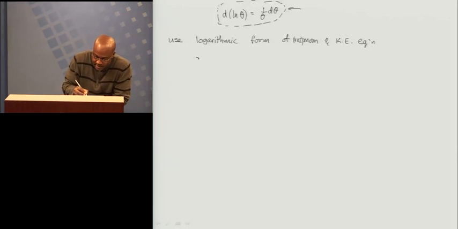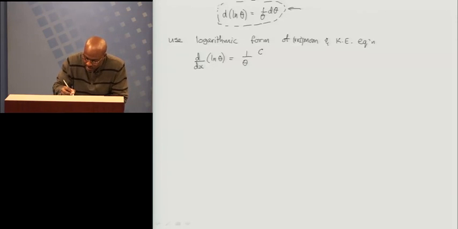I could rewrite it like this instead. So d/dx ln theta is equal to 1 over theta times (Cf over 2 minus (2 plus H) d/dx ln Ue).